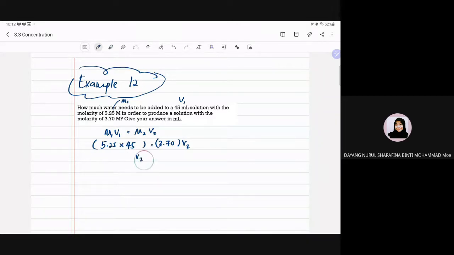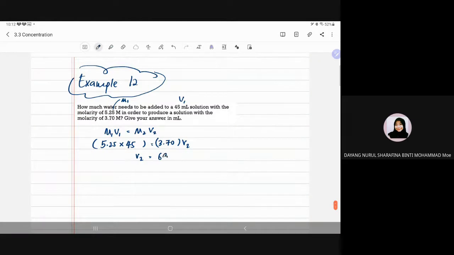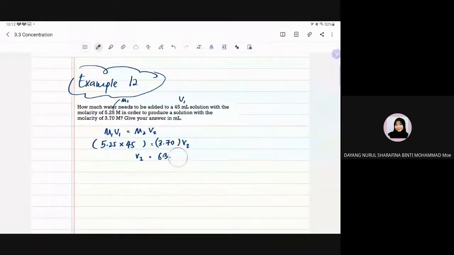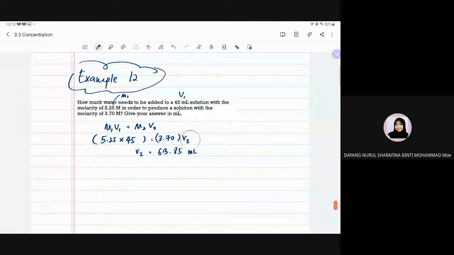So V2, the final solution, we will get 5.25 times 45 divided by 3.70. We should get 63.85 ml. Yes, because the unit is in ml.